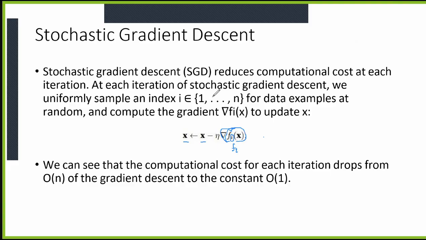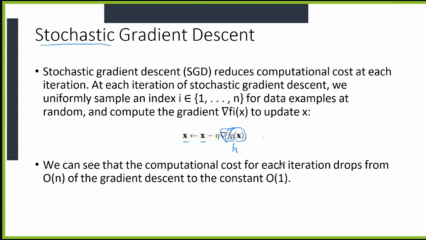So naturally, stochastic gradient descent randomly samples one of the data samples from the training set, which is why we call it stochastic, meaning random. Then we update the model weights based on that one sample.